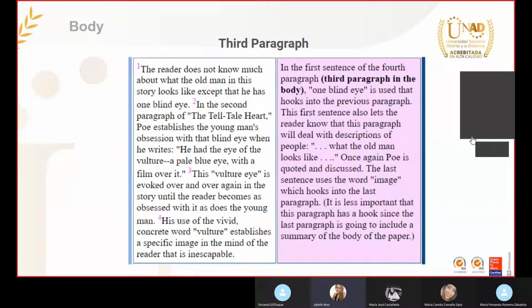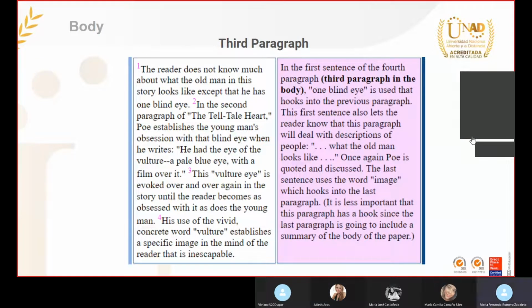The vulture eye is evoked over and over again in the story until the reader becomes upset when it attacks the young man. His use of the vivid concrete word vulture establishes a specific image in the mind of the reader that is inescapable.